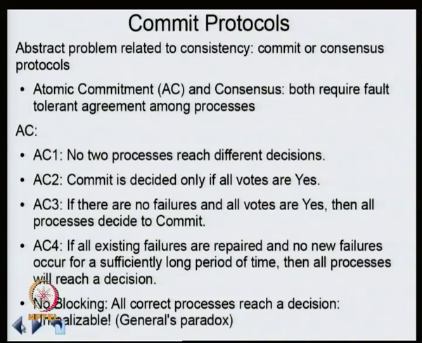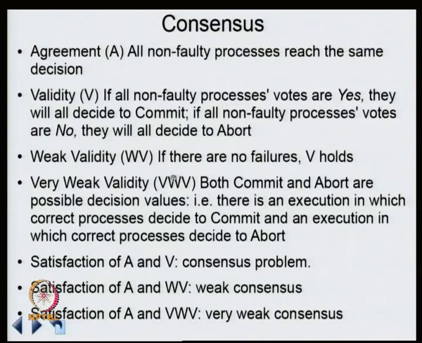You can see that this is connected with weak validity. What is it saying? If there are no failures, then the condition holds. So if all processes are correct and votes are yes, they will all decide to commit. And if all processes, which are correct now because there are no failures, vote no, they will all decide to abort. Okay.